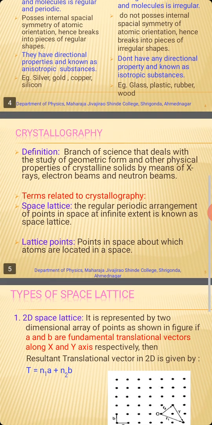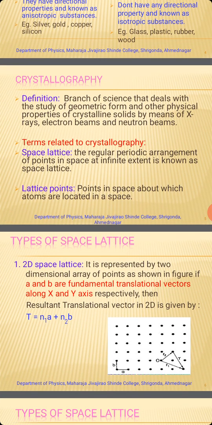Then, what is crystallography? Crystallography is a branch of science that deals with the study of various forms of crystals with the help of X-rays, electron beams, and neutron beams. In order to understand the science of crystallography, one should have basic knowledge about related terms, and such terms are space lattice.